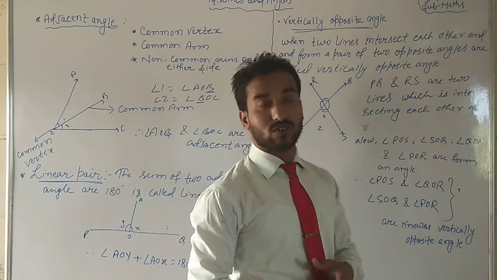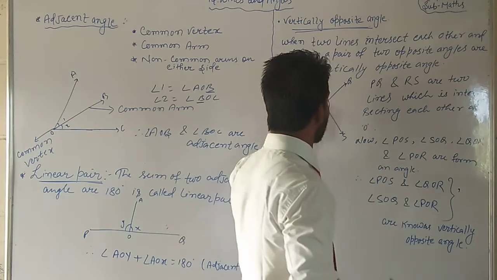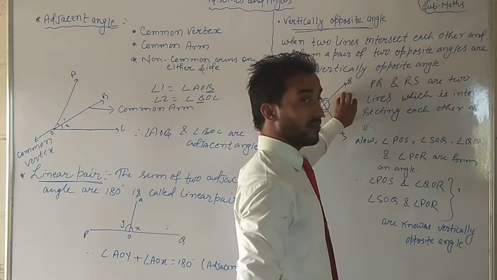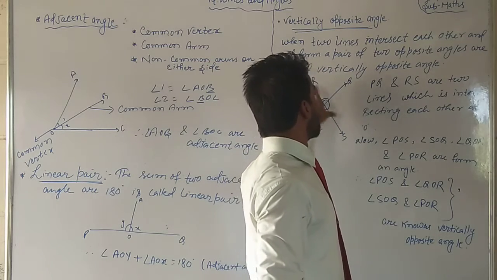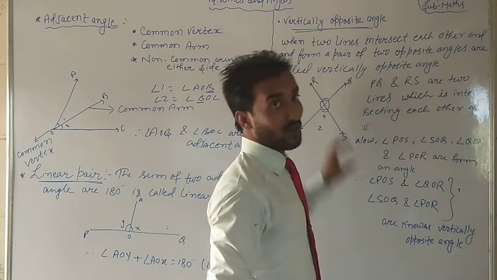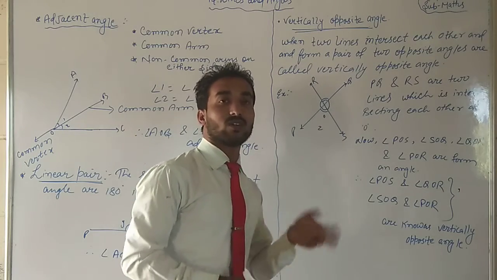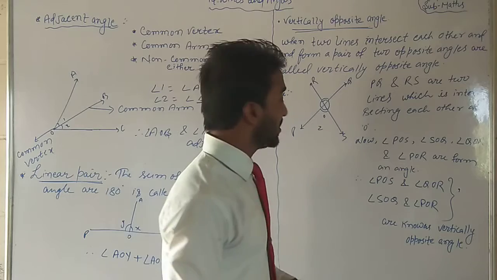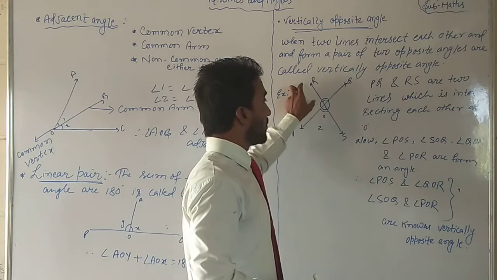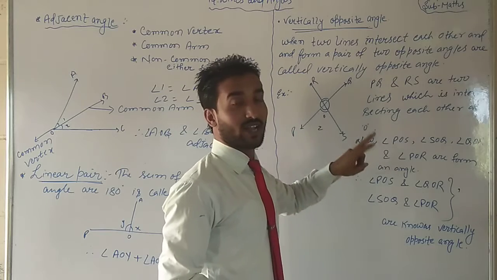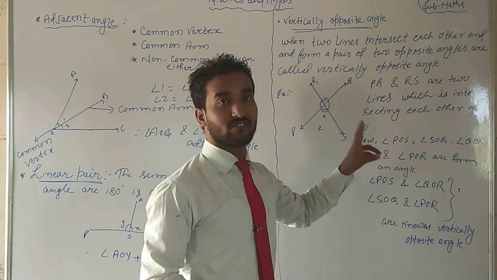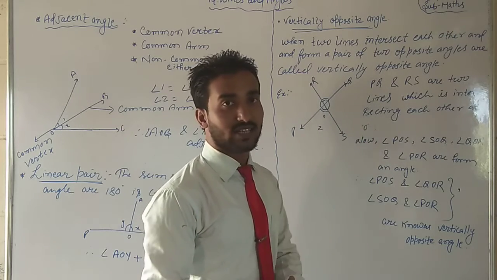But we are talking about vertically opposite, so we skip this side and take that side. If we consider this side, then we skip that side. We cannot take the common ones, because the vertex as well as the arm R are both common, and then it forms an adjacent angle.